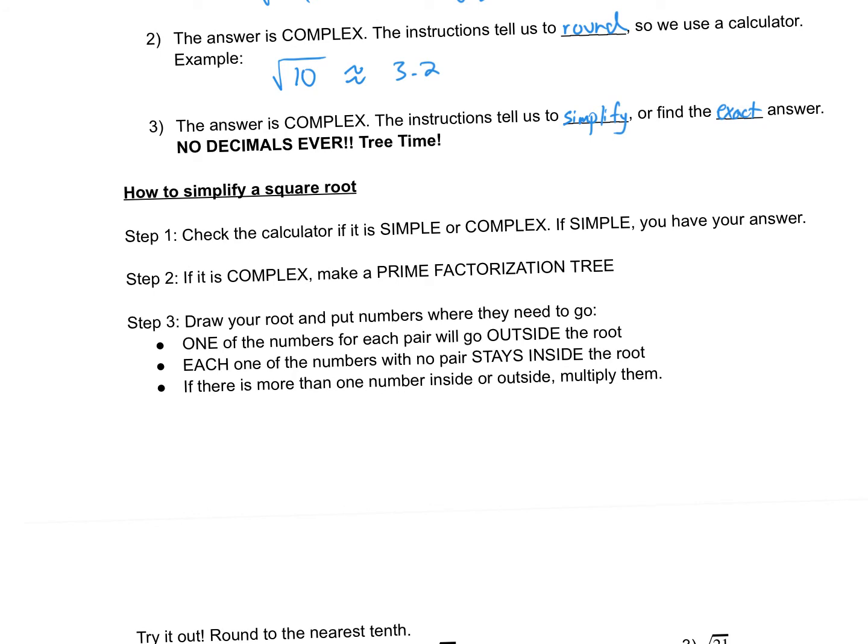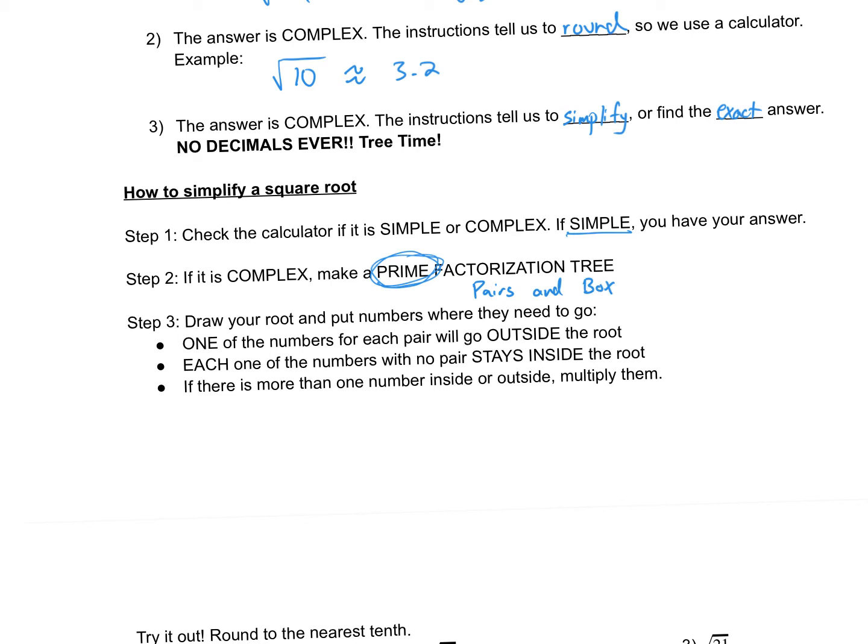So just a little repeat of how to find a square root. First, we want to see if it is simple or complex. If it is simple, you have your answer. If it is complex, we make a prime factorization tree. Then from your tree, search for the pairs and box them.